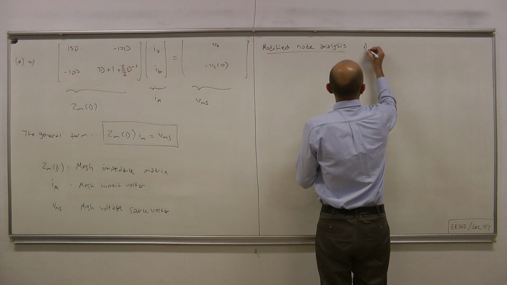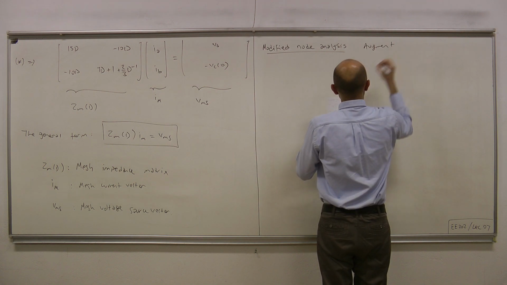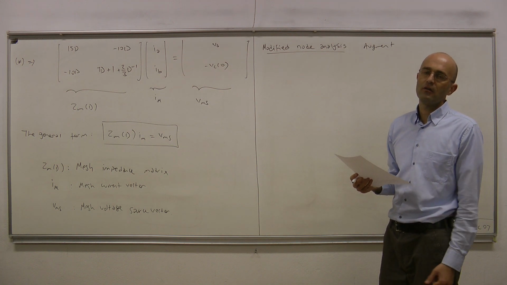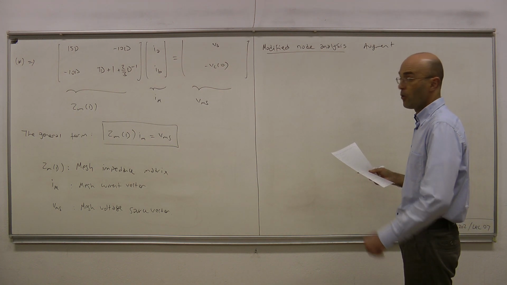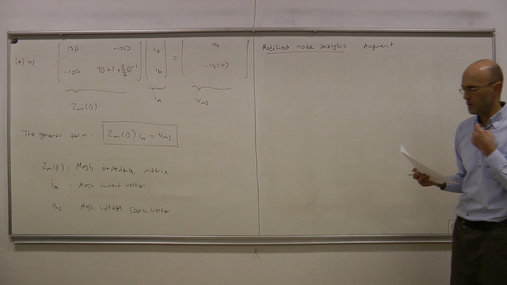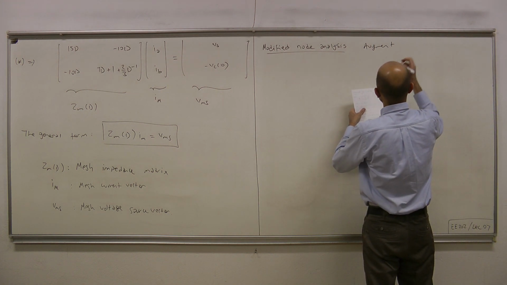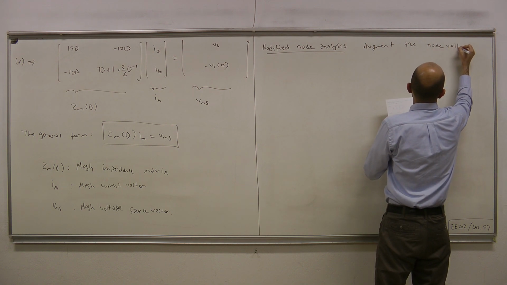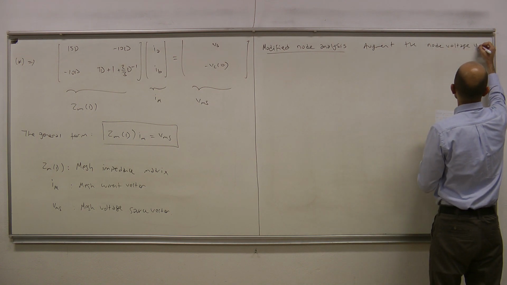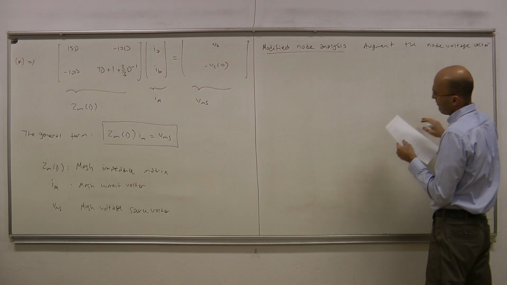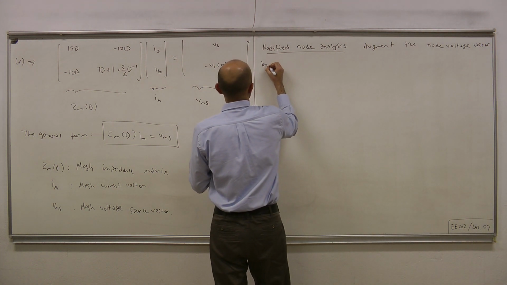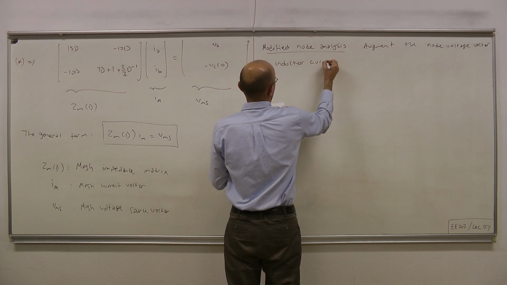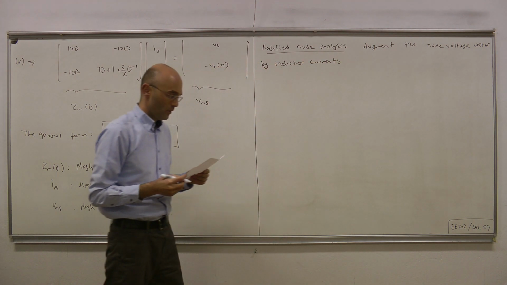So the idea is very simple. What you do is you treat inductive currents as your formulation reference, along with the node voltages. Okay? So augment the node voltage vector by inductive currents, okay.